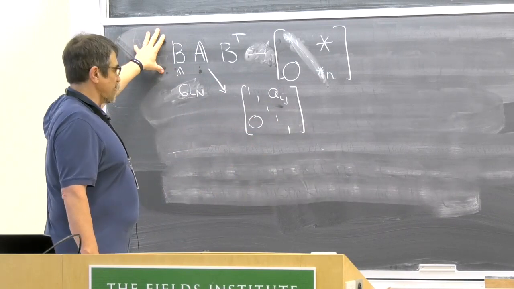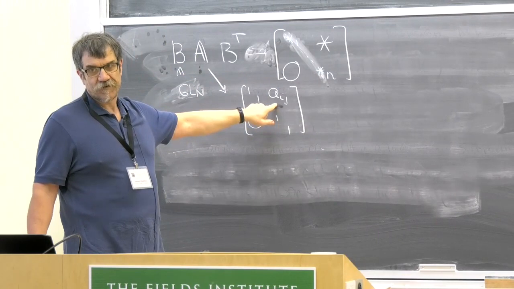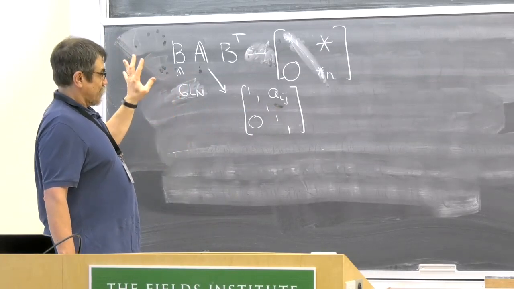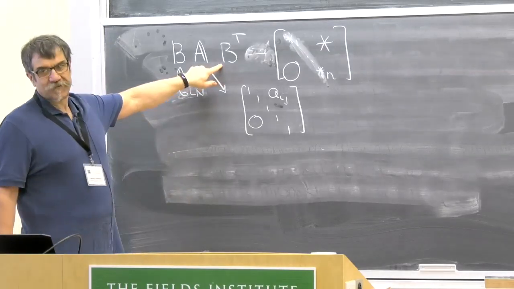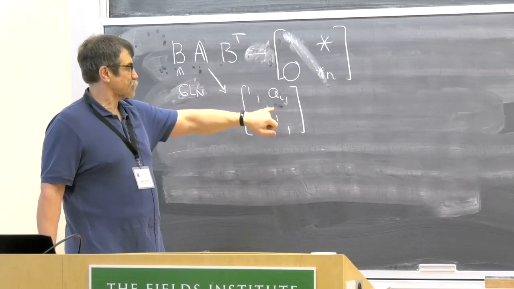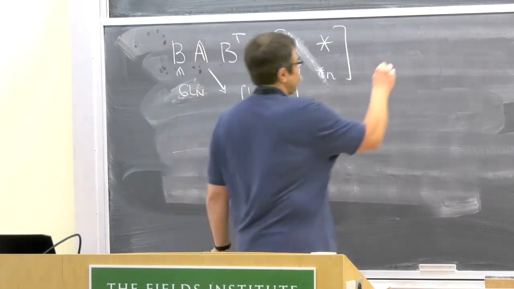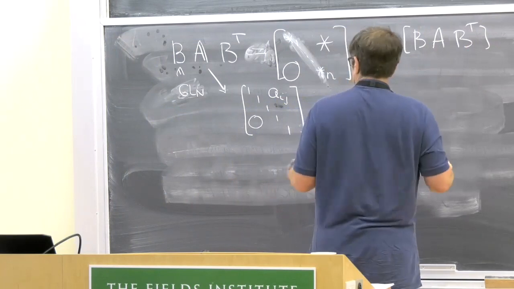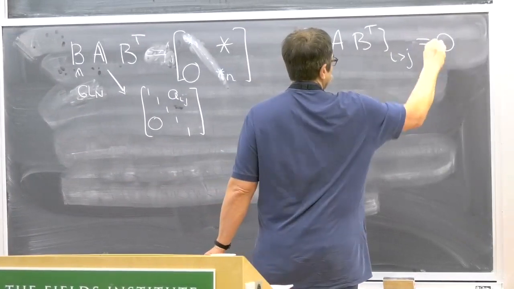Okay, so let B be anything. And now what about this A? What A can we have? What is written here is actually a linear equation on the elements of A, because we have a condition that elements with i greater than j are zeros.